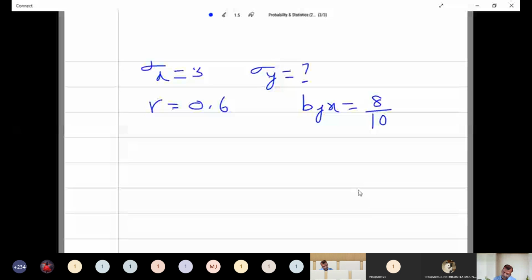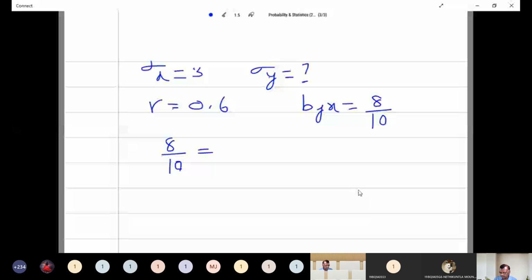Therefore, 8 by 10 is equal to r, 0.6, into sigma y by sigma x. Sigma x is equal to 3.